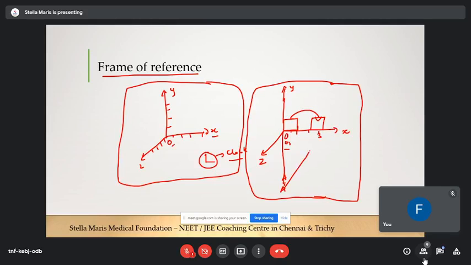So we can say the car is in motion according to the frame of reference attached to this person. According to this person, the object, by which I mean a car, changes its position.